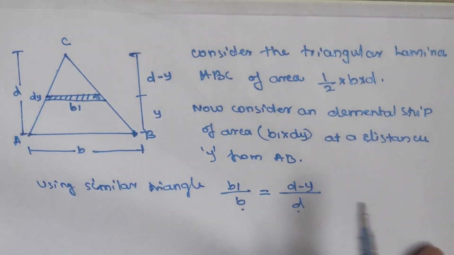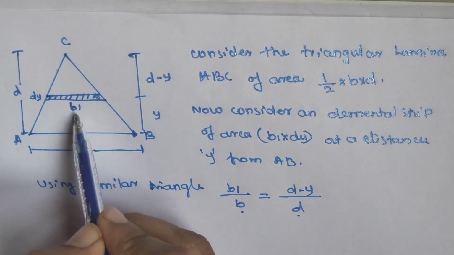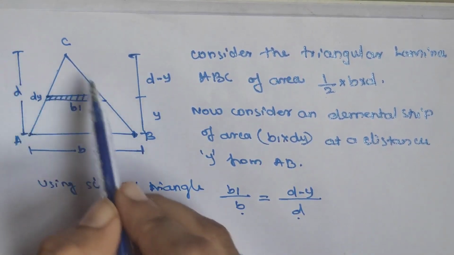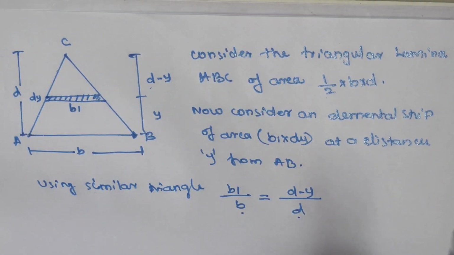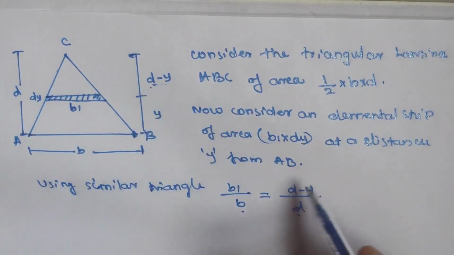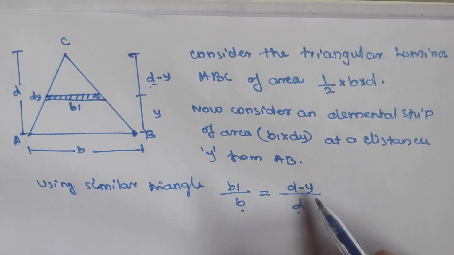Now the breadth of the smaller triangle is B1 and the depth of the smaller triangle is D minus y, so we wrote it here at the numerator.